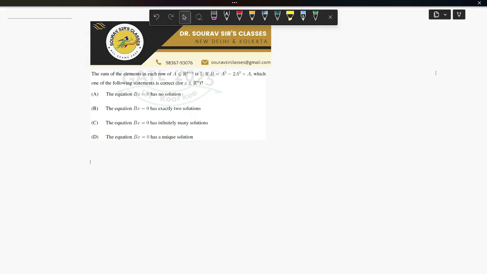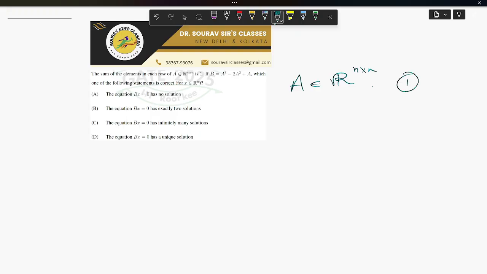Let us understand the problem first. We have a matrix A belonging to R n cross n, with the property that the sum of the elements in each row is 1.